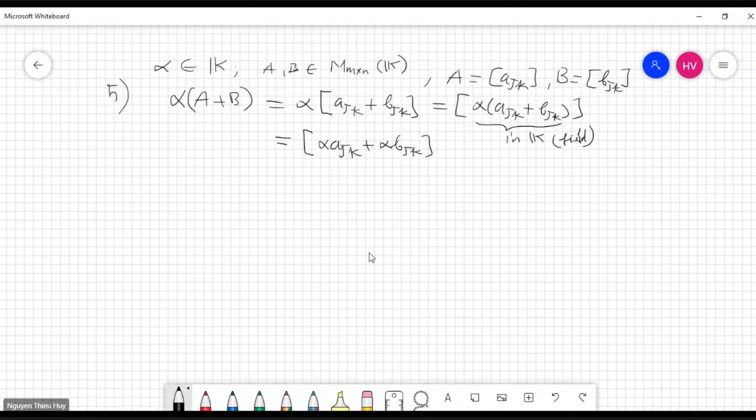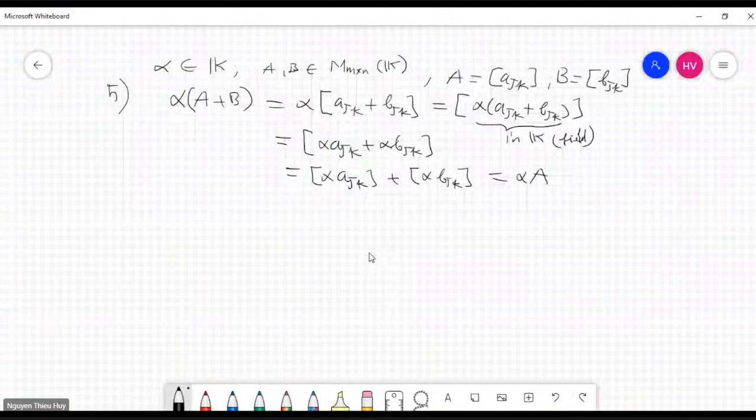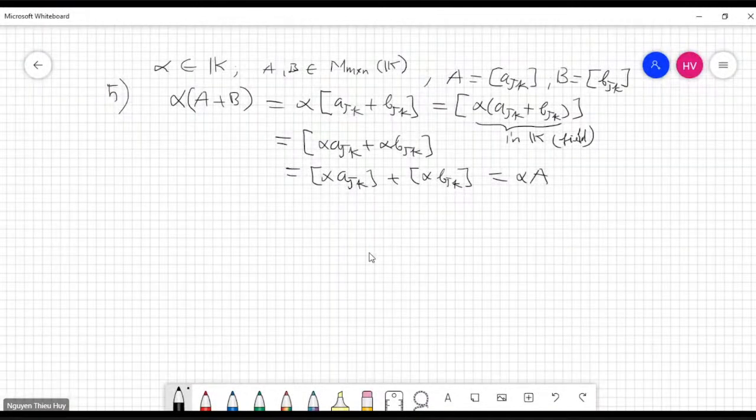At the end, because of the definition of the sum of two matrices, you can now write immediately alpha A, because by the definition of scalar multiplication, alpha A means I multiply alpha with every entry.